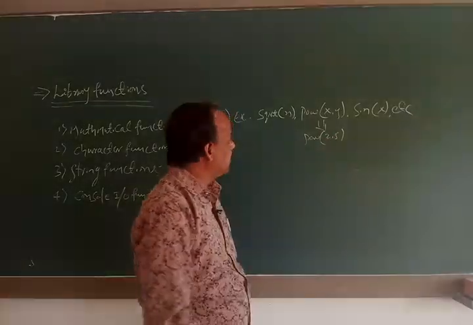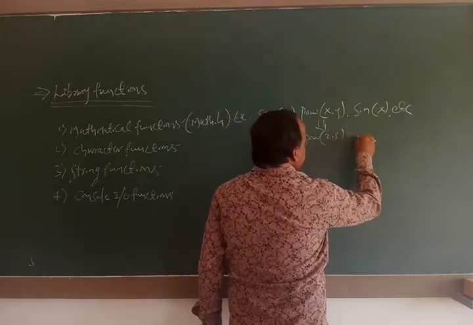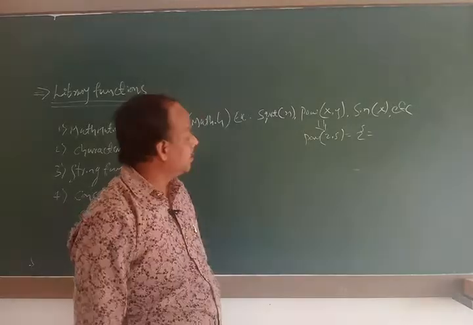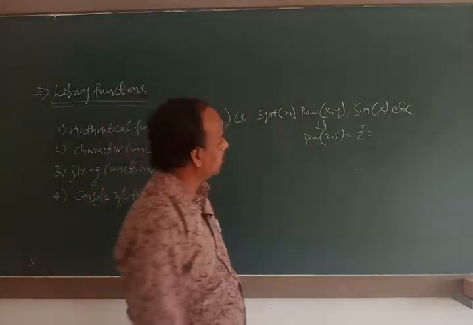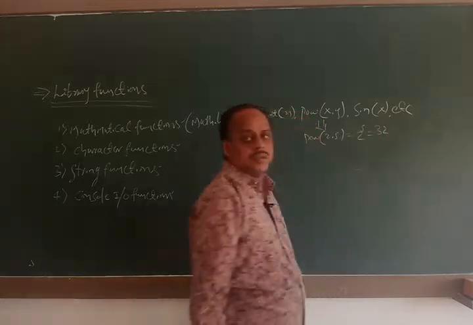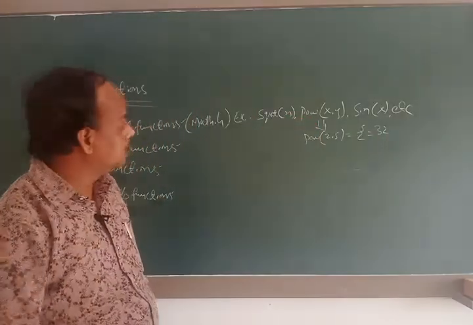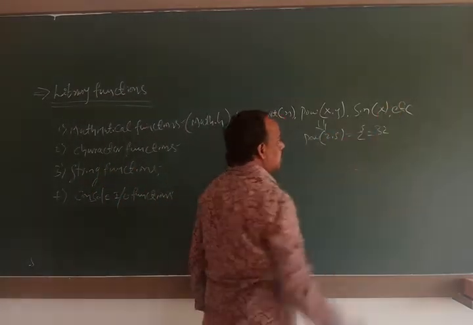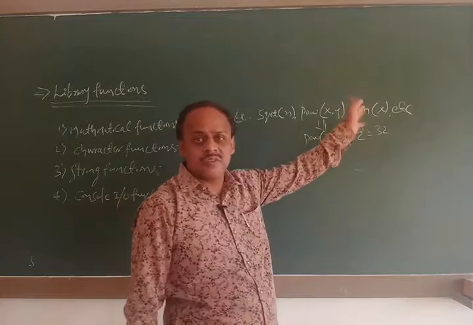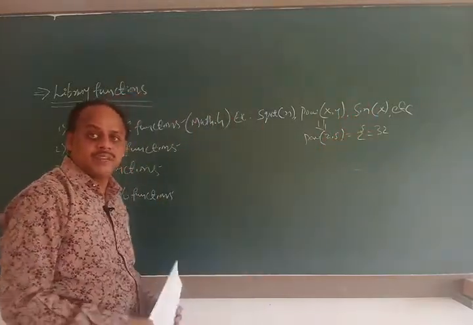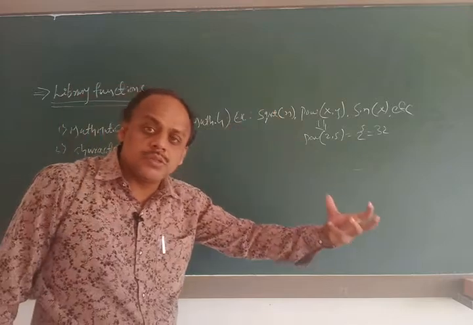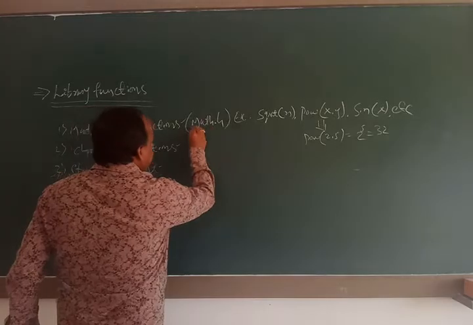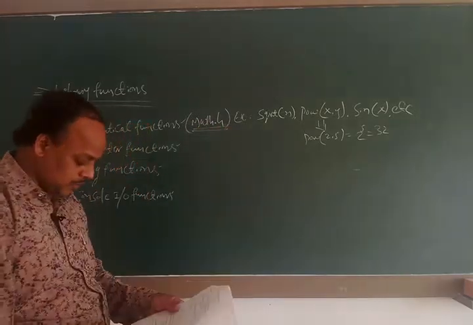That is, pow of 2, 5 means 2 power 5 is displayed, which is 32. Like this, sin of x, cos of x, some predefined mathematical functions are there. To include those predefined functions in our program, we have to use a header file called math.h.